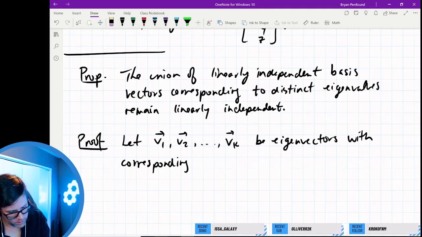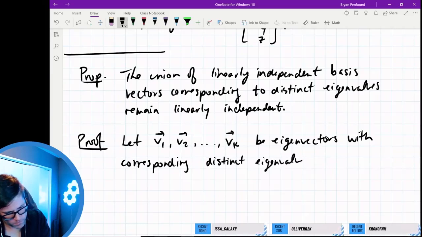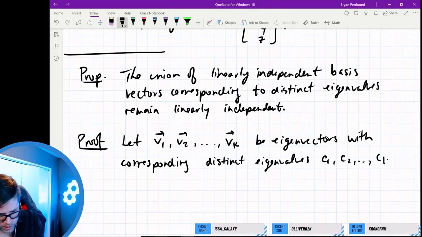So we don't want to get a 0 here. Let's label these up to ck.